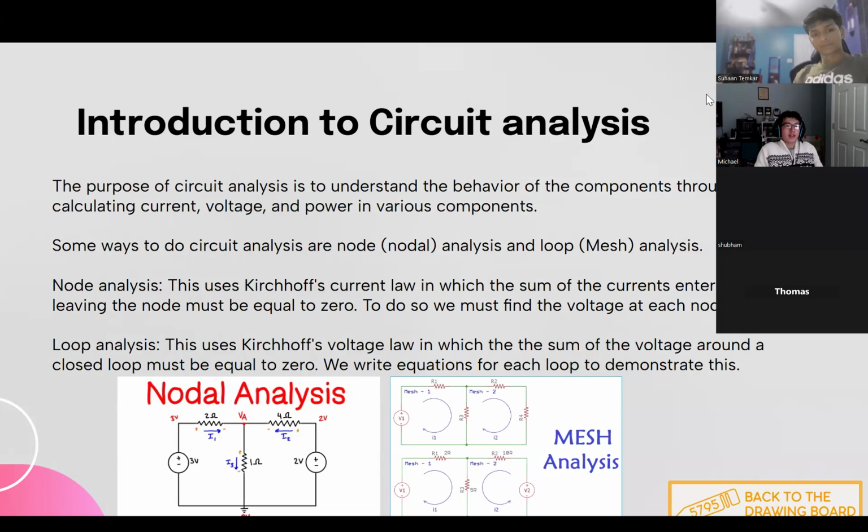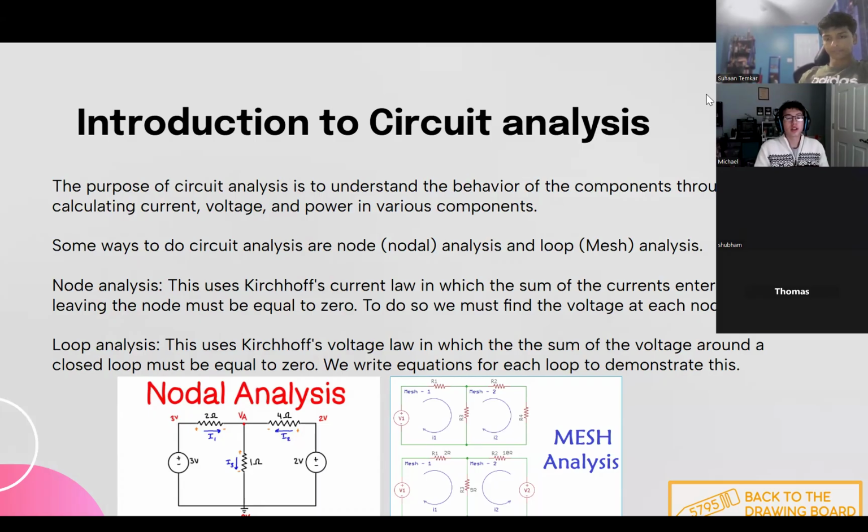But basically, when we have circuits and you're designing circuits, we use two analysis tools, and these are called nodal analysis and mesh analysis. What do we mean by nodal and mesh analysis? That's a good question, and that's exactly what we're going to get into. I guess it's all on this slide. Basically, these are the two tools we use to calculate the amount of voltage, current, and resistance of our different components.